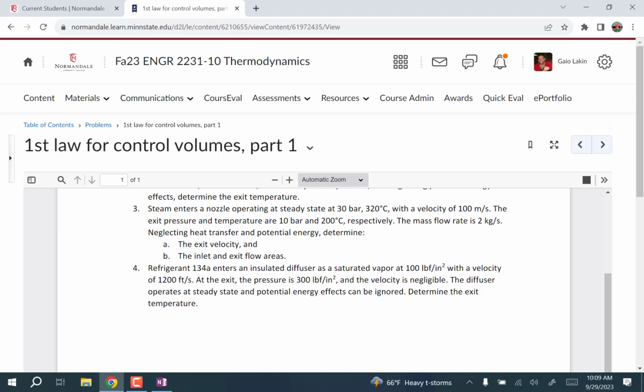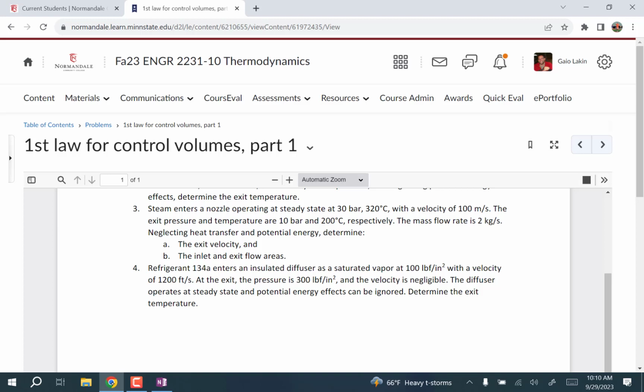So this is a diffuser. It's saturated, which means, what does saturated mean for something that you can look up in a table? I mean, practically speaking for the table, it means that you only need one property to look stuff up. So then it says it has this velocity, but it doesn't give a pressure. Oh yeah, it does. There's the pressure right there. So we can look up any property we want at the inlet.